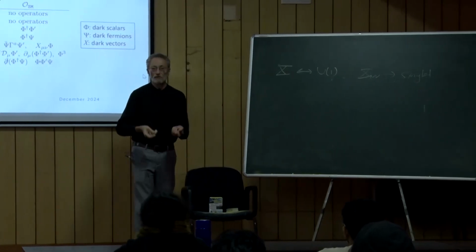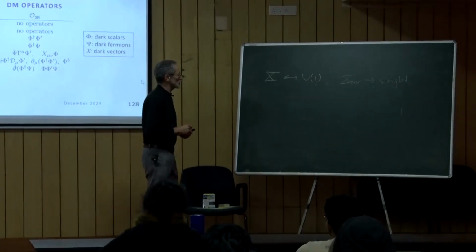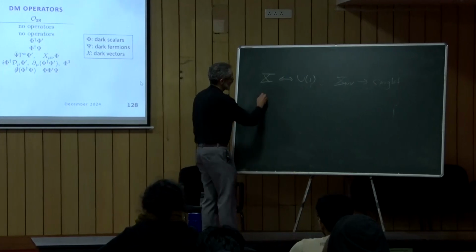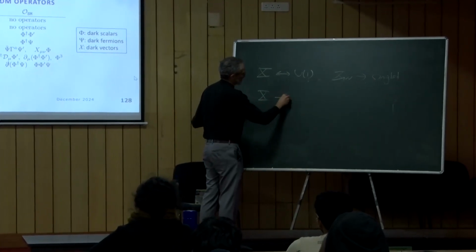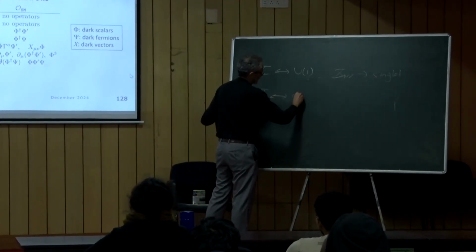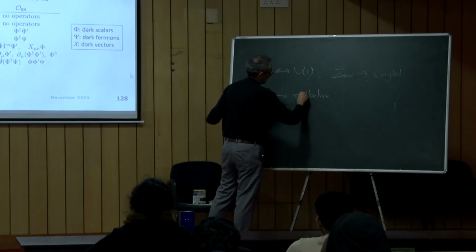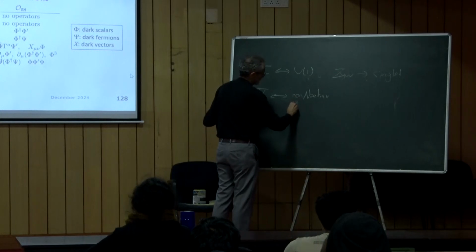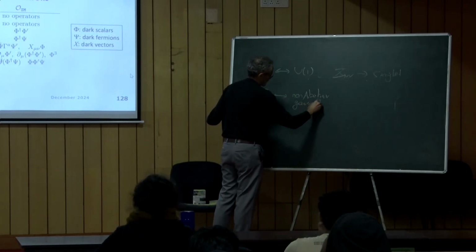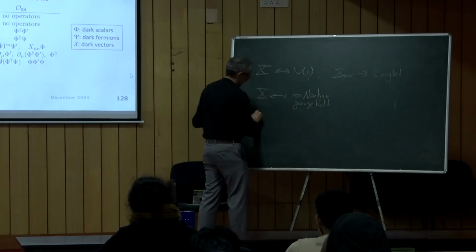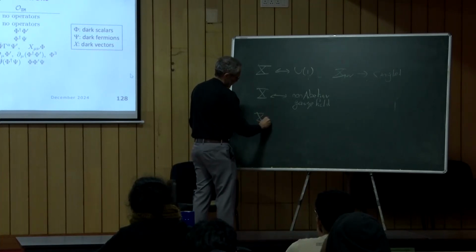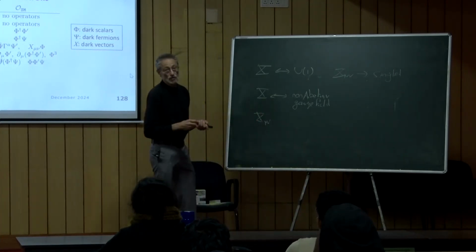But there's another possibility which is also worth keeping in mind. If X is a non-abelian gauge field, X mu nu transforms like the adjoint.